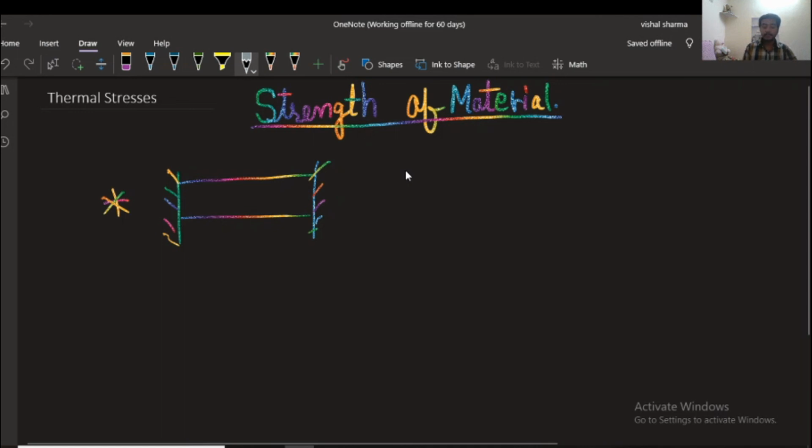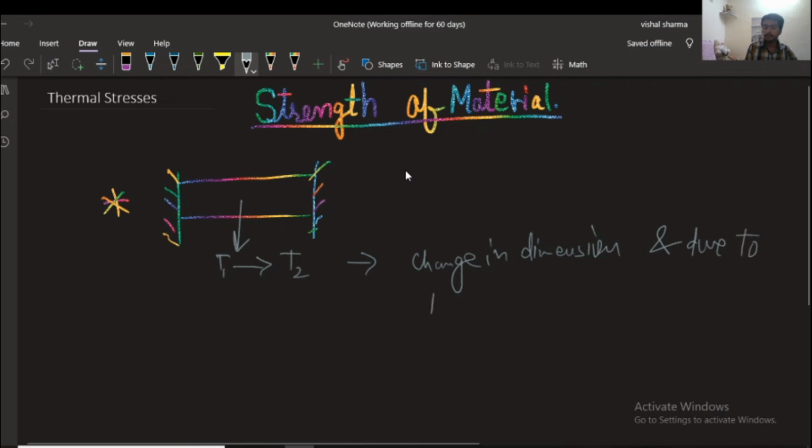And due to the change in temperature from T1 to T2, there is a change in stresses and a change in dimension, and due to this, stresses will be produced.